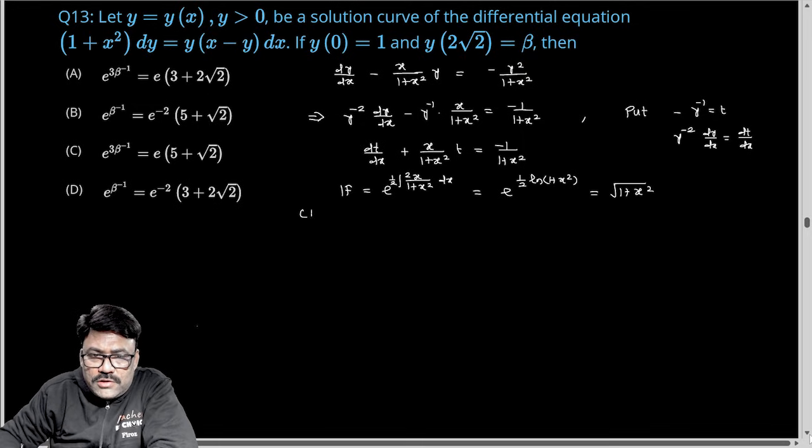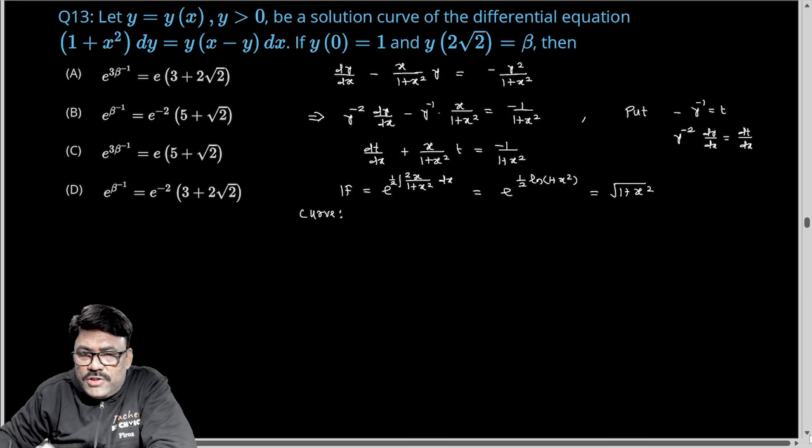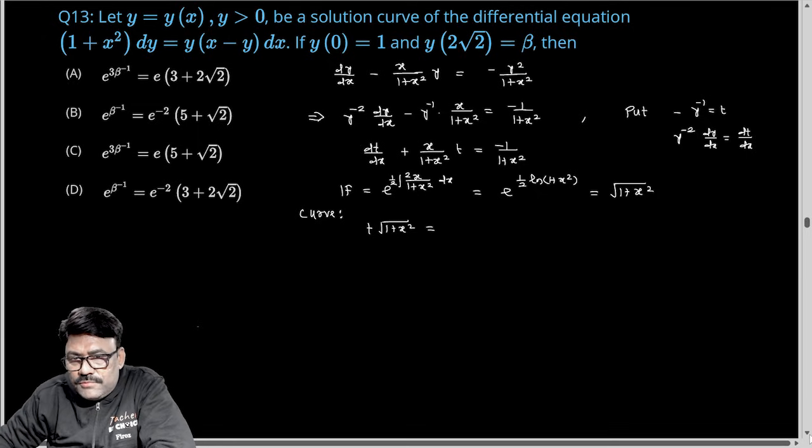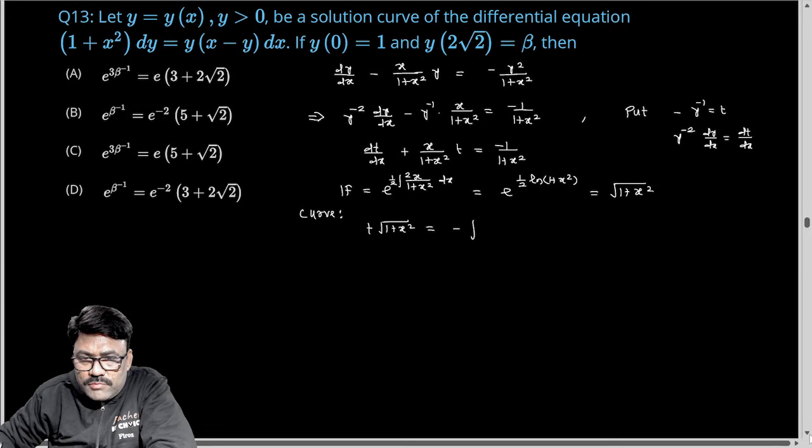So now I can write the solution. On the left, t into the integrating factor, and on the right, Q into the integrating factor. Q is minus 1 by 1 plus x square into integrating factor, so you will get minus 1 by under root 1 plus x square dx.